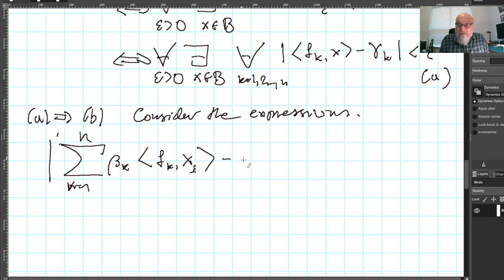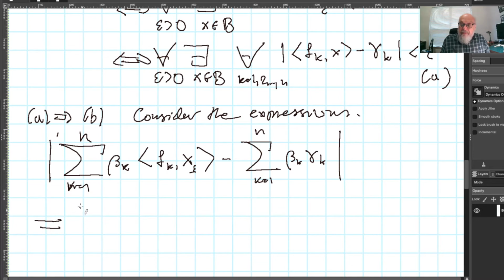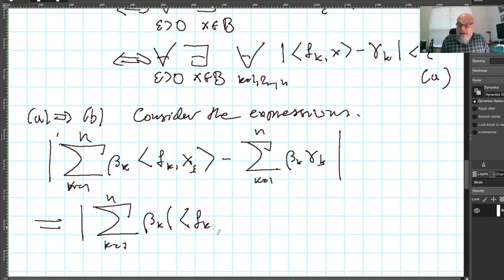Minus, and I put here again the sum of beta k gamma k, k equal 1 to n. Take it like that. So now I put everything smaller, so this is still smaller or equal, and I have here the sum k equal 1 to n of beta k, and now I put the absolute value, and then I have here fk of x.